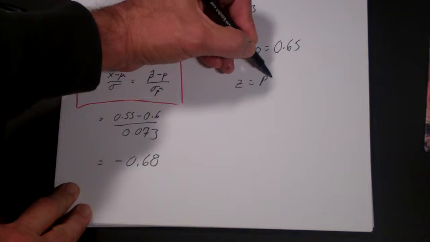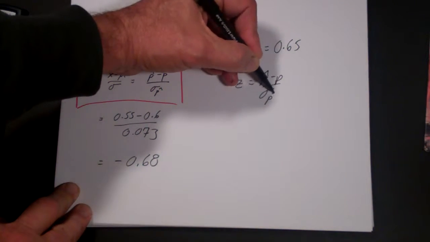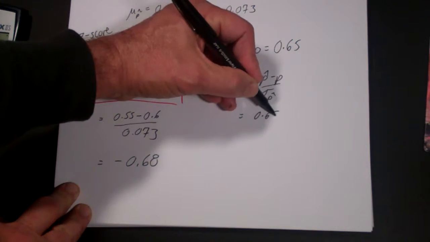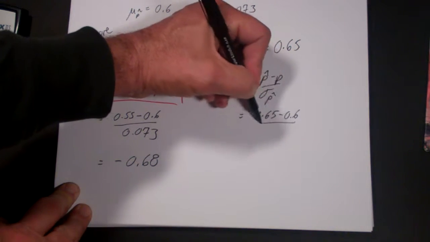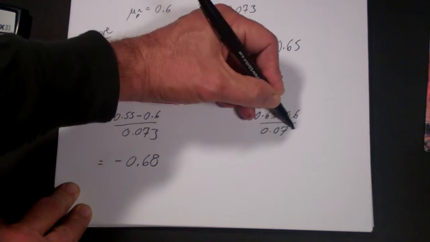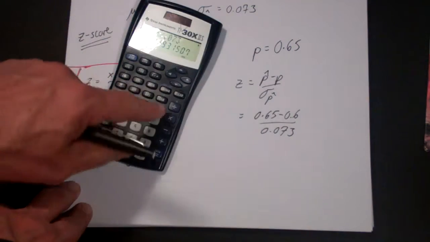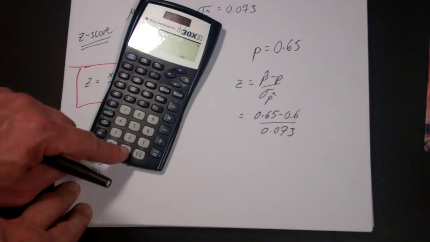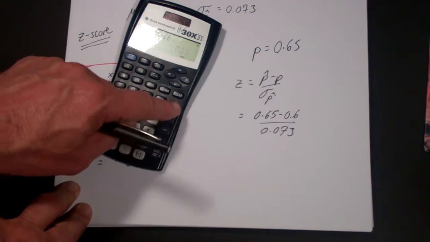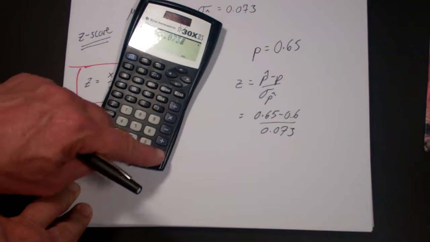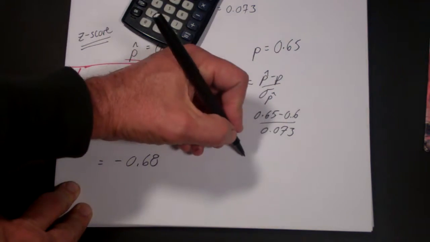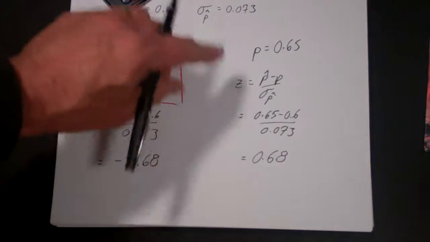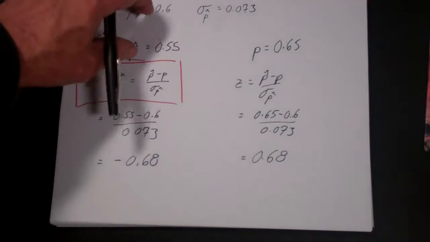So you get p-hat minus p over sigma p-hat, which in this case will be 0.65 minus 0.6 over 0.073. And that's going to be 0.68. Now, in this particular case, we see that these two are equal in magnitude. That won't generally be the case.